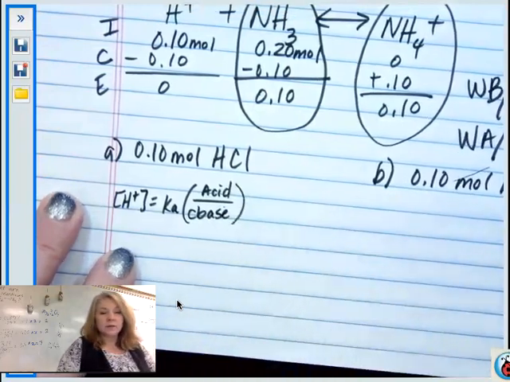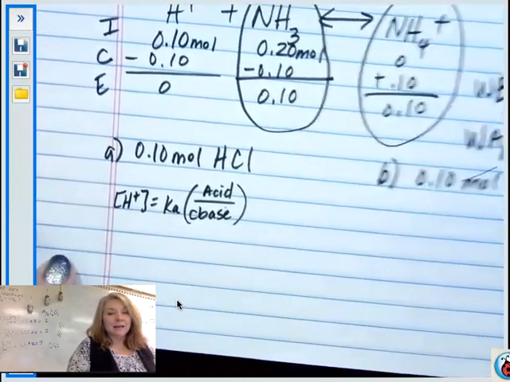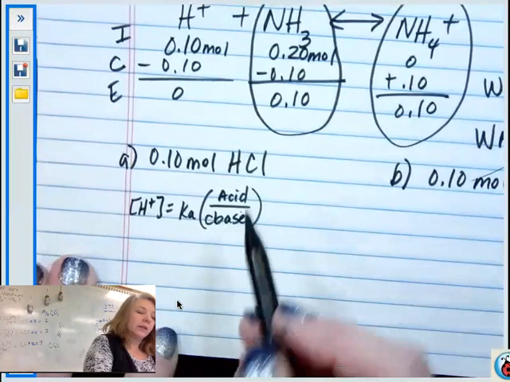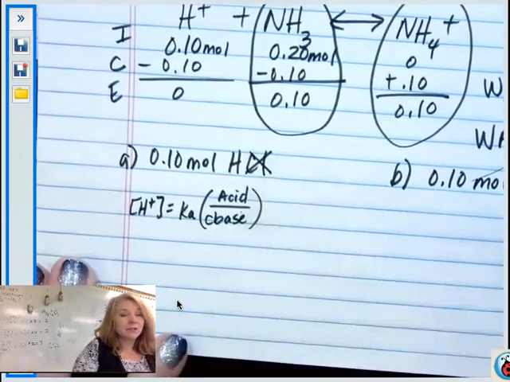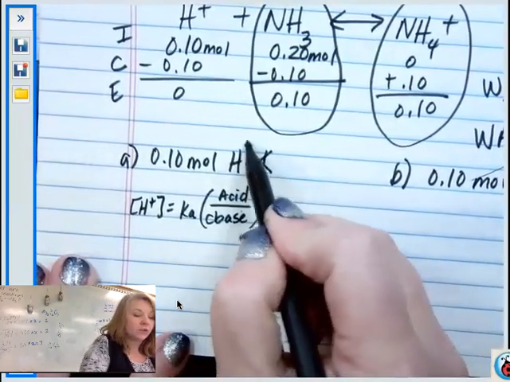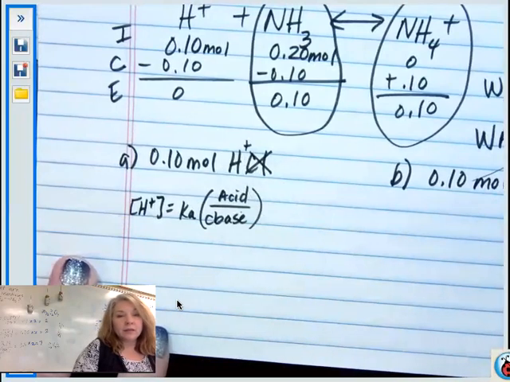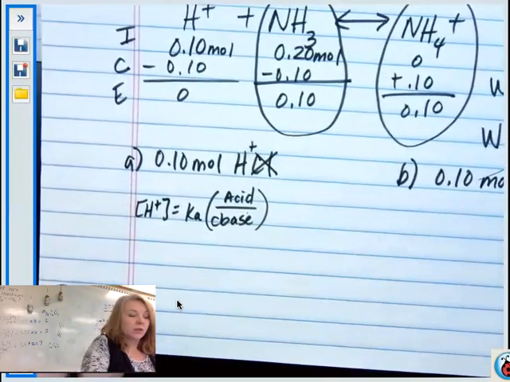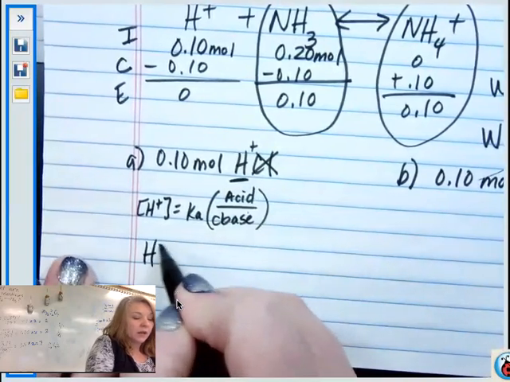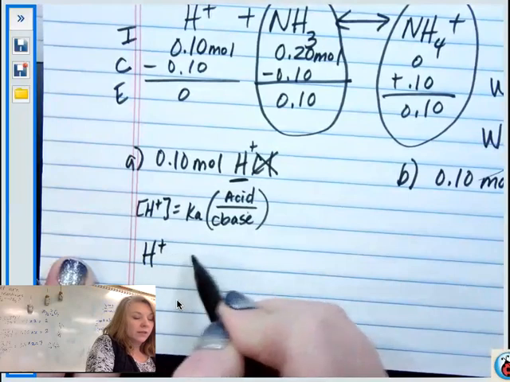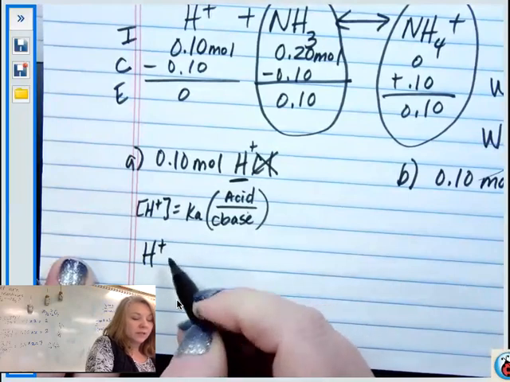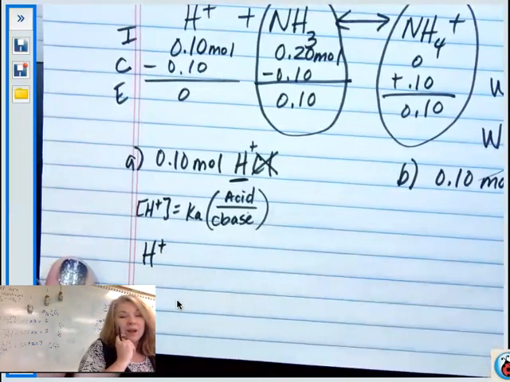Now the only thing that's different with this is we're adding some HCl to this. And I don't care about the Cl because it doesn't do anything in water. It's coming from a strong acid. So the only thing that's going to change the pH in this process is the hydrogen ion. So I'm adding some hydrogen ions to this species. And which part of this is going to eat up the hydrogen ion invader? Is it going to be the acid or is it going to be the base? What's going to neutralize the hydrogen ion?